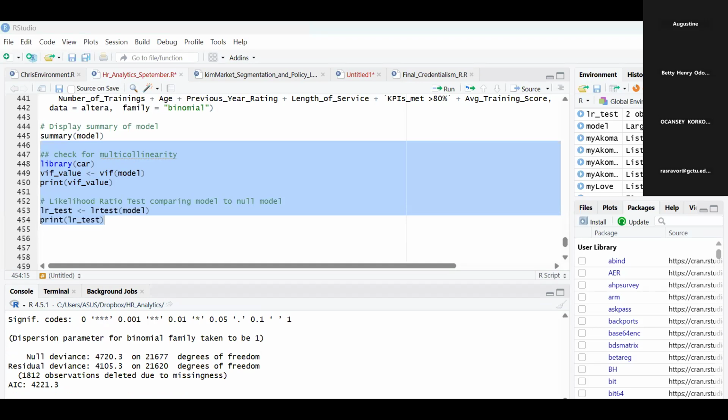I've sent it. Please, you all have it. Prof, I have it, but I'm putting it close to the summary model.